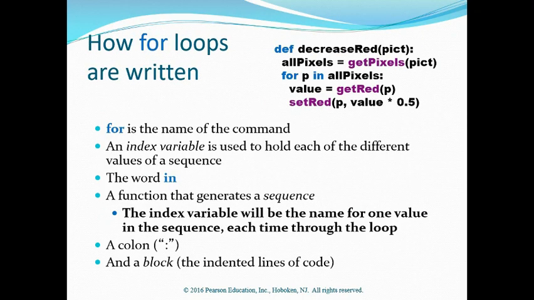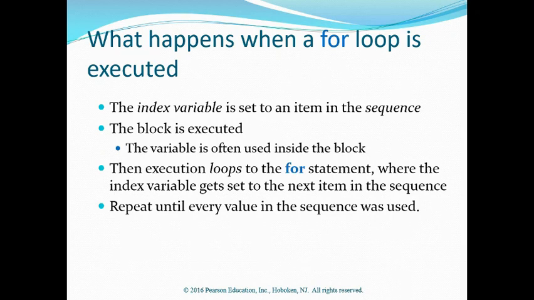So what this is saying is, say I have 10 values in all pixels. I say for value 1, I do my thing with value 1 as p, right? Then I do value 2 with value 2 as p. And I continue and continue until I get through every object. And then I'm done with that indented block of code, with that for loop. And then I move on to the next step.